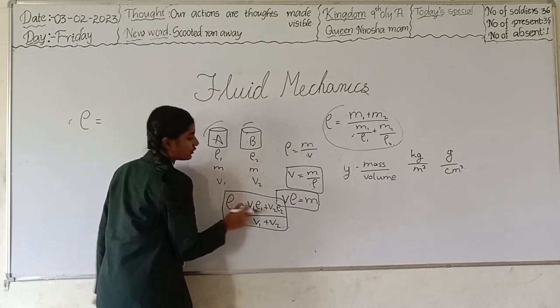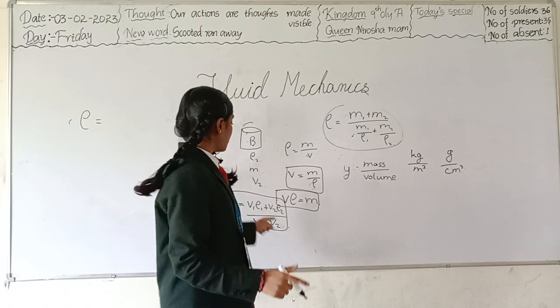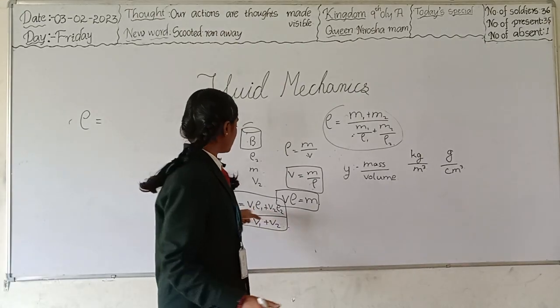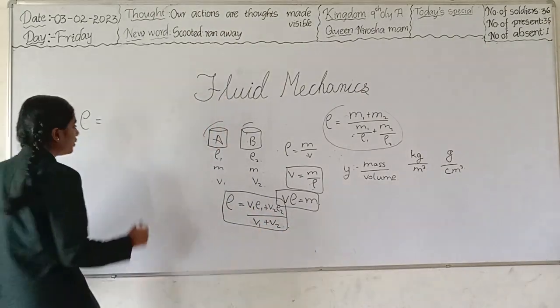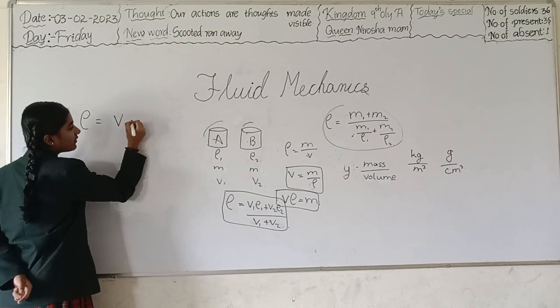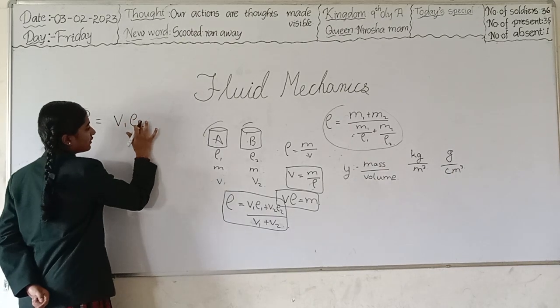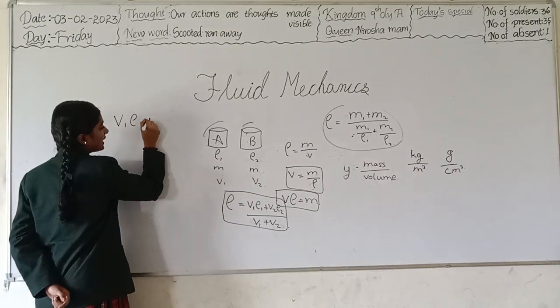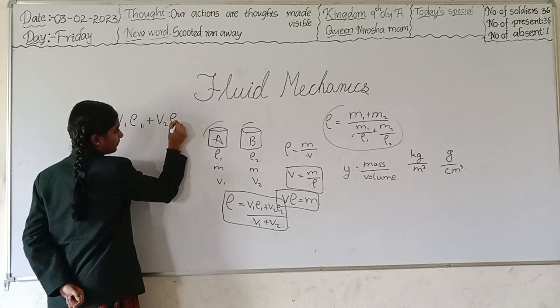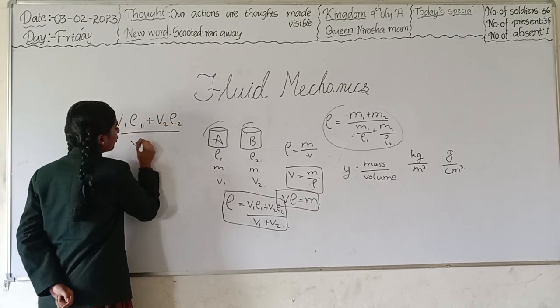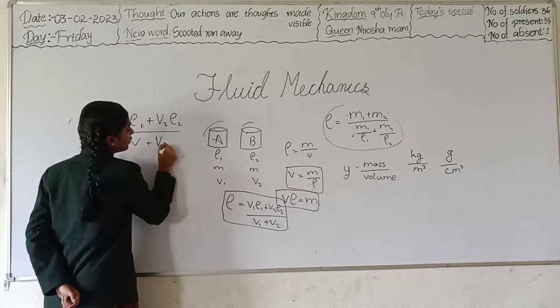So we have to use this formula, but in place of V1 and V2 we have to take the same value. That means V1 rho 1 plus V2 rho 2 by V1 plus V2.